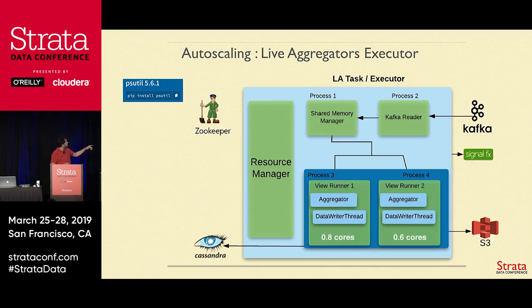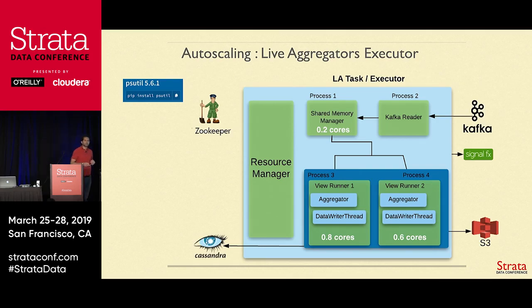What this resource manager does is measure the CPU utilization for each process that's running. For example, in this case, view 1 and view 2 are using 0.8 cores and 0.6 cores respectively. Similarly, the shared memory manager is using 0.2 cores.